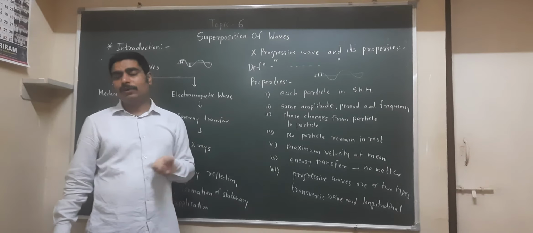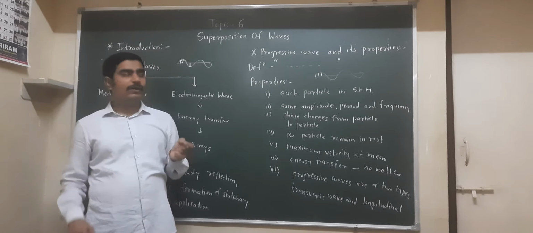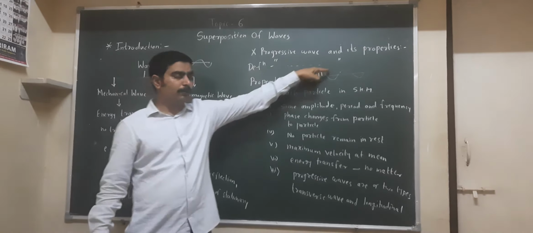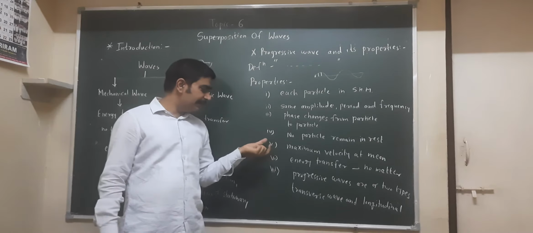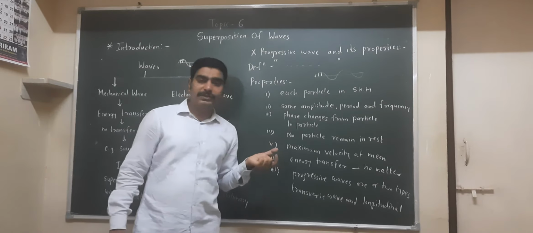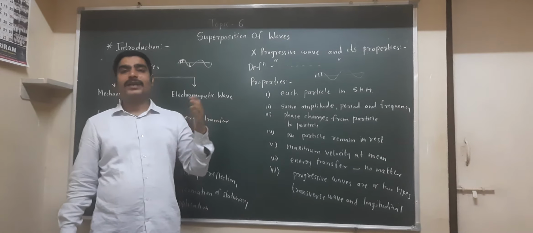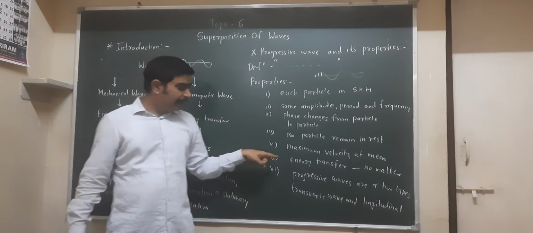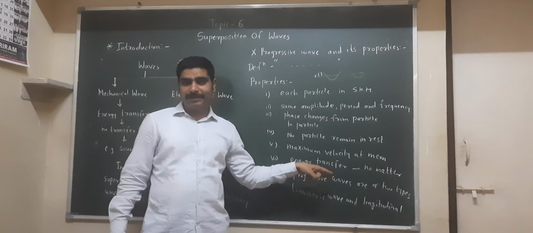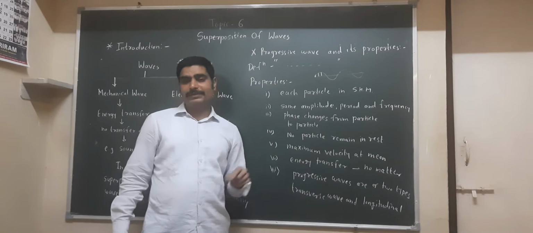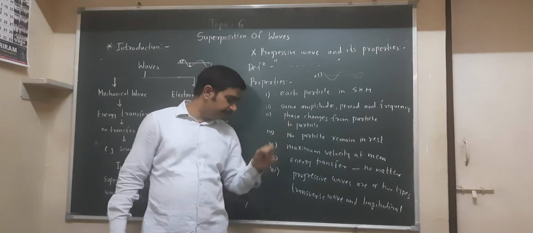The maximum velocity of the progressive wave particles will be at the mean position. That is the fifth property. Next, when the progressive wave travels through the medium, energy gets transferred, but matter does not get transferred.